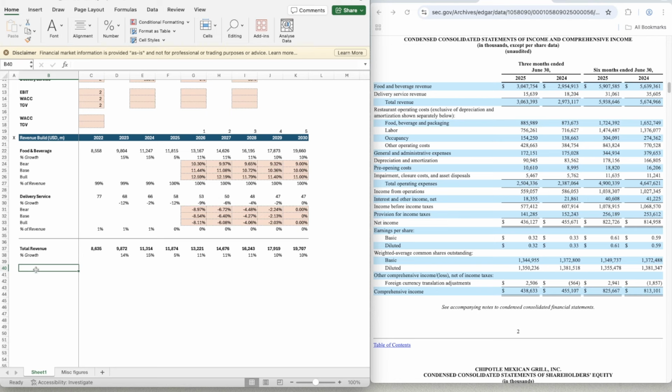So now what we do is we focus on the income statement. And the income statement for the DCF consists of the revenue, which we can just pull straight from here, and we go all the way down.